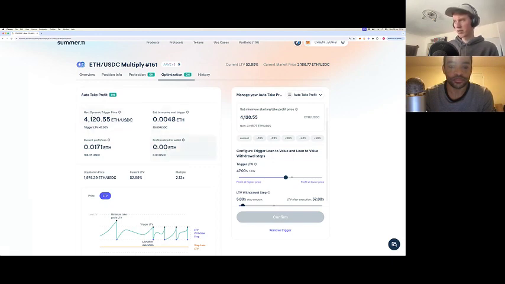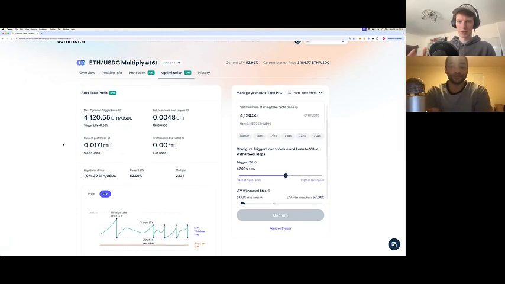But once this starts triggering, you will start seeing some ETH here. So this is a really great experience to understand how your profit taking is going. Lovely. So that's it basically on how you're setting it up and what you need to think of.